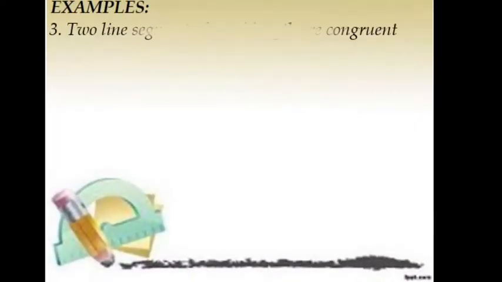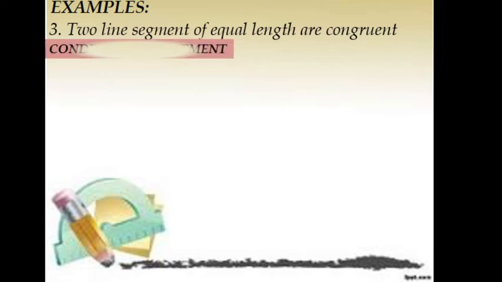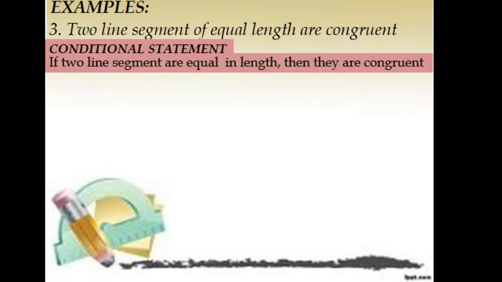Okay, another example, we have: 2 line segments of equal length are congruent. Okay? So, dito, ating conditional statement is the if P, then Q. So, if 2 line segments are equal in length, then they are congruent.